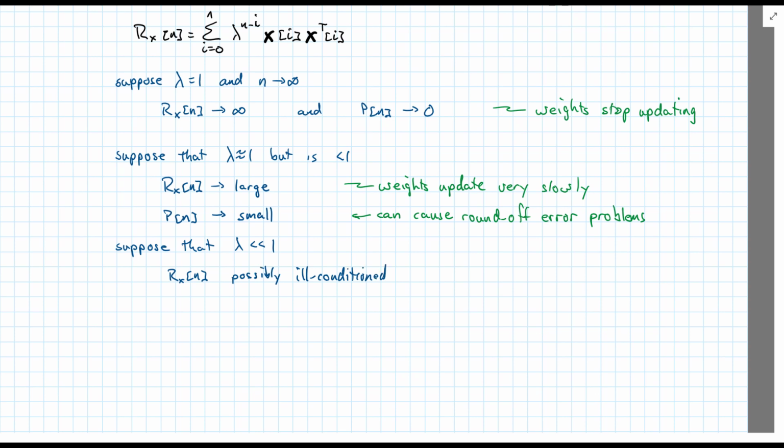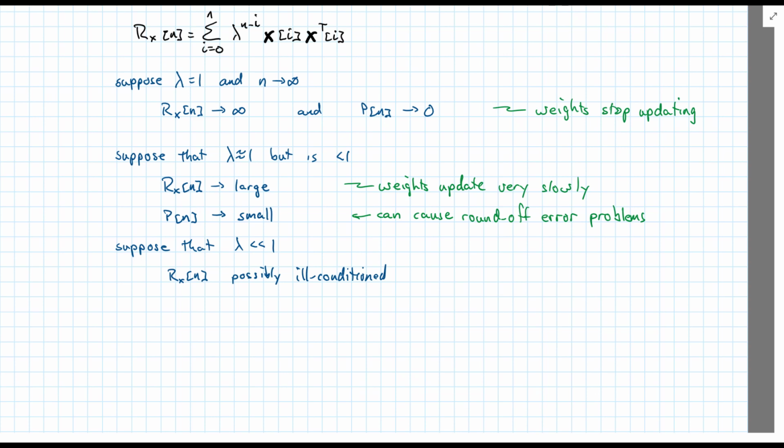To give you some intuition about that, Rx is made of the sum of outer products. In order for it to be full rank, there must be at least capital N, where capital N is the number of columns and rows of Rx, outer products summed together, and those need to be independent.